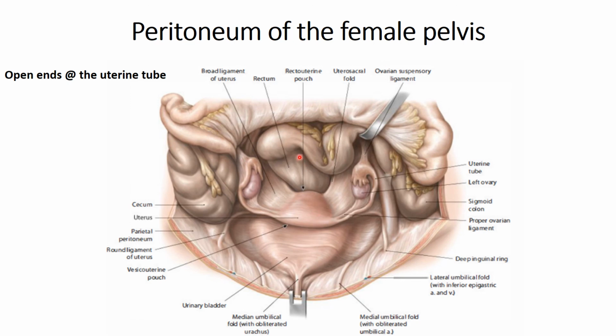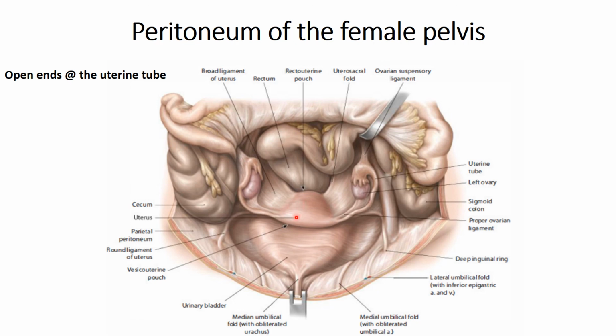Now the peritoneal covering from the upper part of the anterior surface of the rectum is reflected onto the posterior fornix of the vagina and the posterior surface of the uterus, covering the fundus and the body of the uterus, thereby creating a deeper rectouterine pouch.